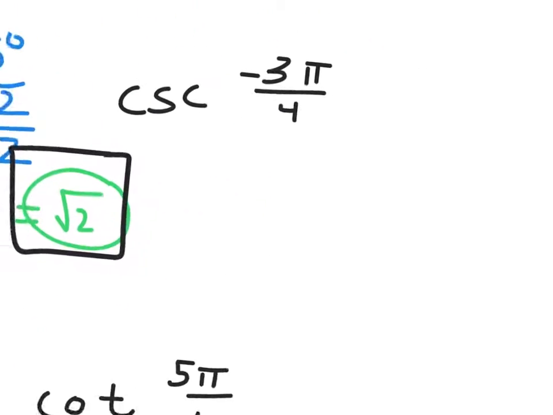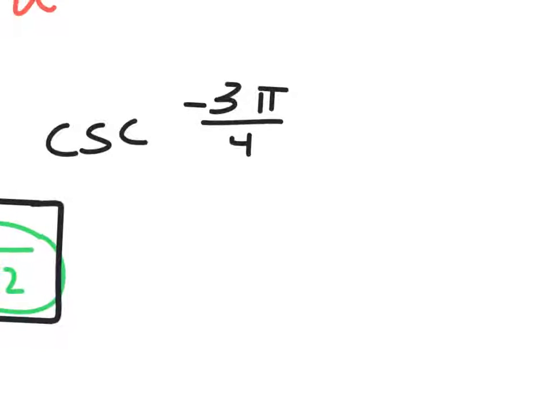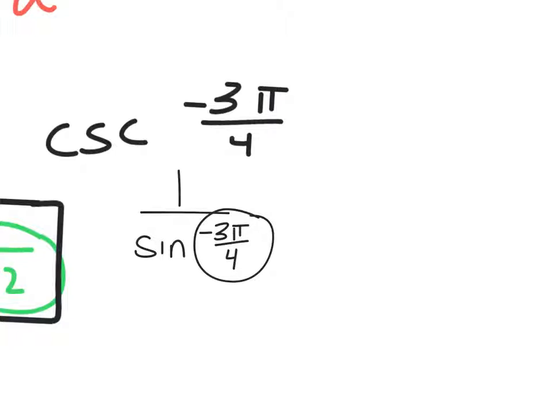Okay, let's do the cosecant of negative 3 pi over 4. Cosecant matches up with 1 over the sine of negative 3 pi over 4. So I need to do the sine. This is the sine of negative 135.